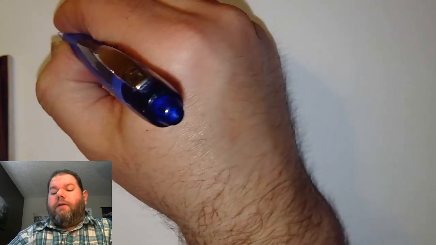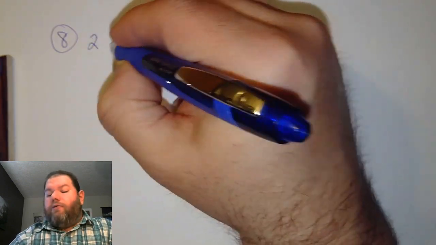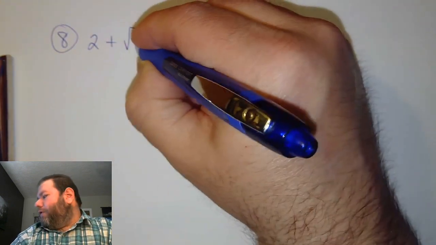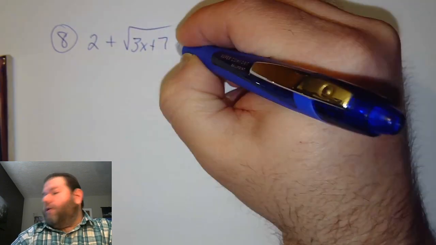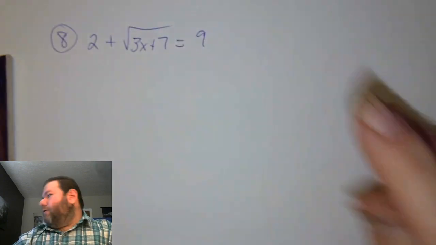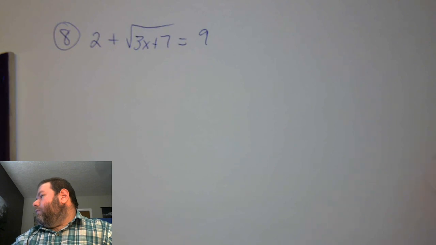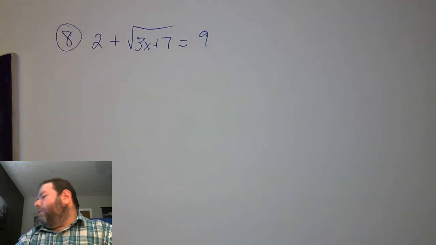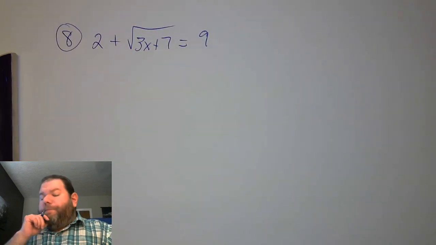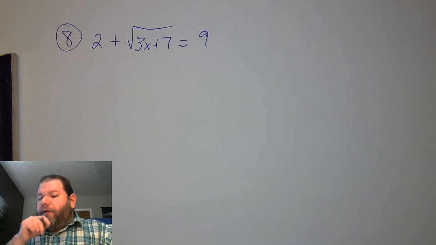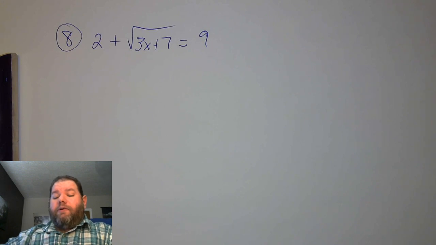Okay, 8. 2 plus the square root of 3x plus 7 is equal to 9. In this case, what should happen first?